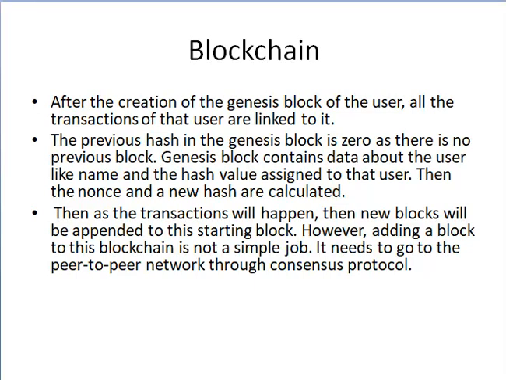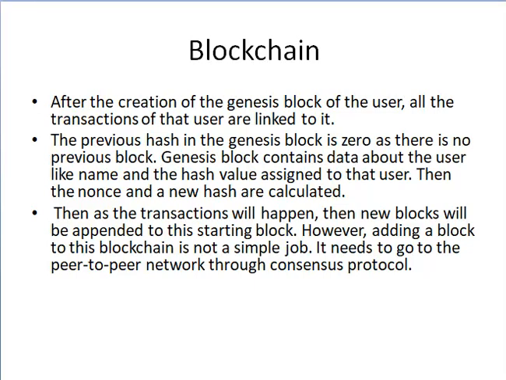Then the blockchain: multiple blocks are added in the form of a linked list type of format, in which one block has the link to the next one, and so on, and therefore it is a blockchain. The first block that is created in any blockchain is known as the genesis block. It has the previous hash value as 0 because there is no previous hash, and then it will calculate its hash using features like the name and the hash value assigned to that user, and the nonce, and then the new hash will be calculated, which will be used in the remaining chain.